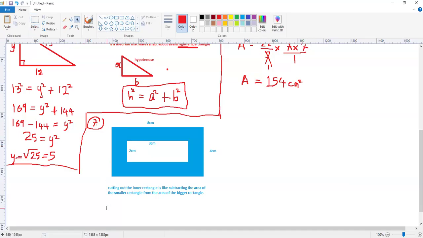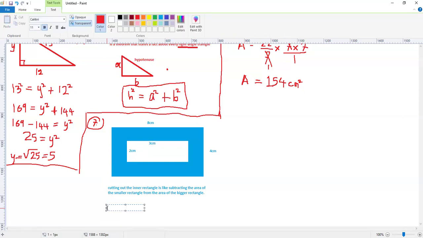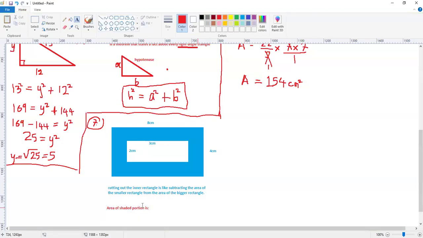Let me just type out something here. We're going to say area of the shaded portion. The shaded portion is the side that's colored blue. All right.